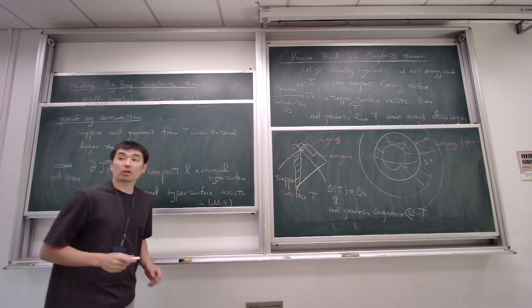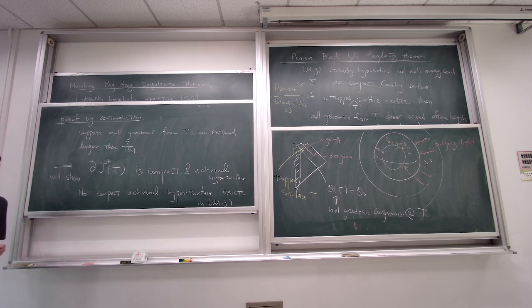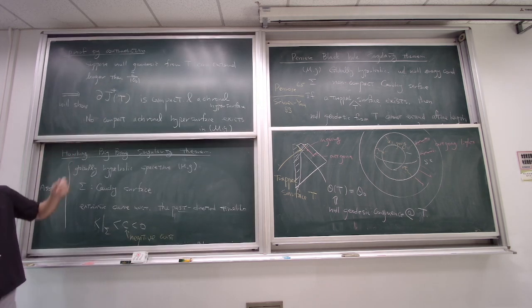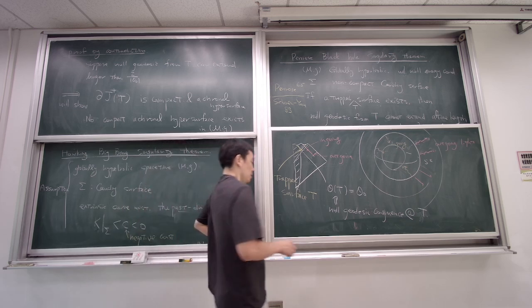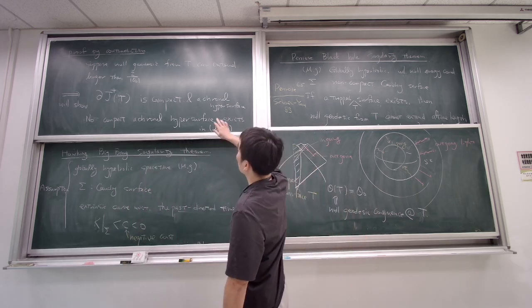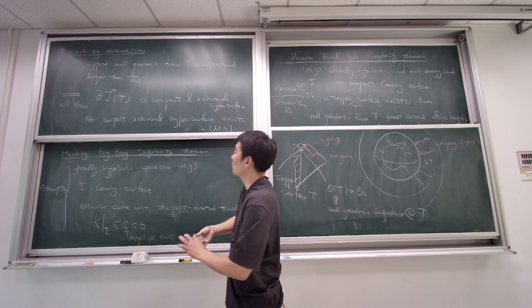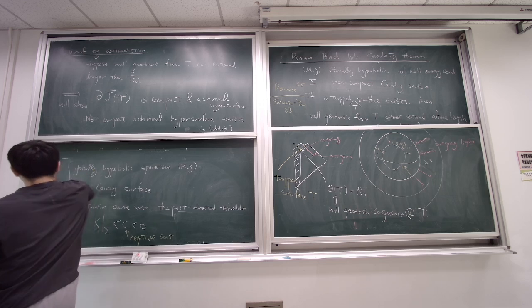Hypersurface meaning codimension 1. But however, we will show that there does not exist a compact achronal hypersurface in such a spacetime. So first, let's show the last statement before going to the first step.